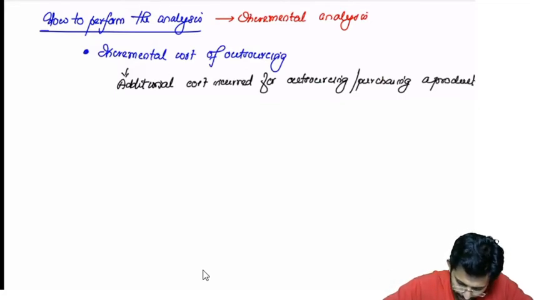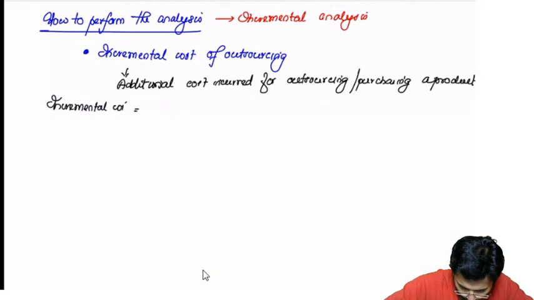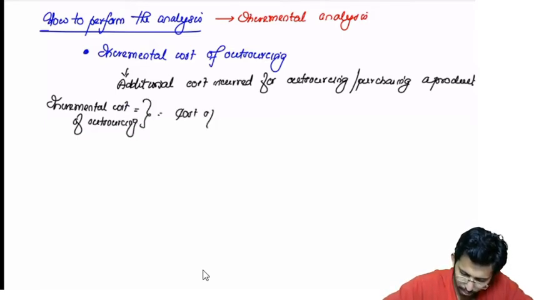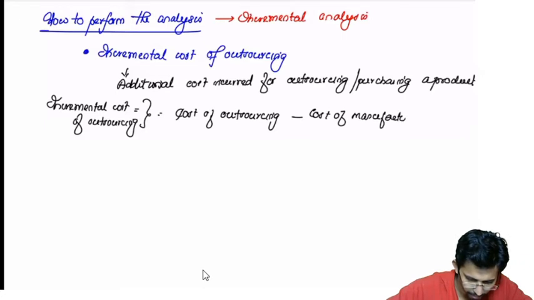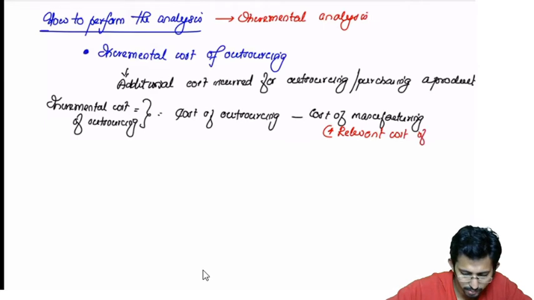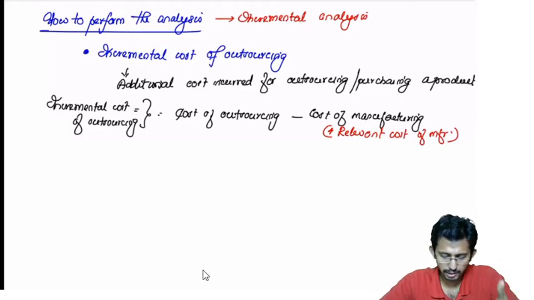This is equal to cost of outsourcing minus relevant cost of manufacturing. Is it clear? Cost of outsourcing minus cost of manufacturing.